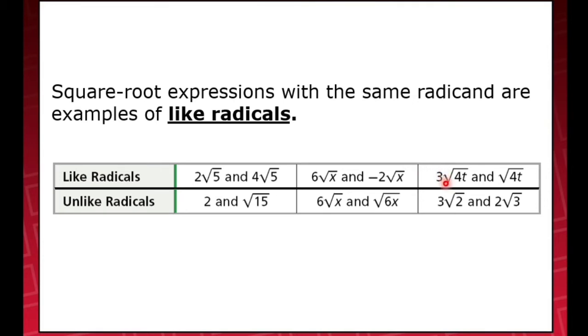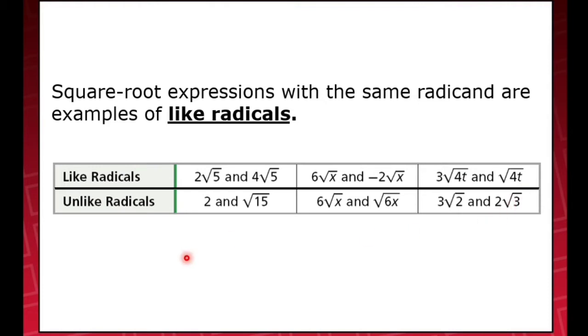Also, 3 square root of 40 and square root of 40 are like radicals even though square root of 40 doesn't have a numerical coefficient, unlike this one, which has 3. We can still consider them like radicals because their indices are the same, 2 and 2, and their radicands, 40 and 40, are also the same.